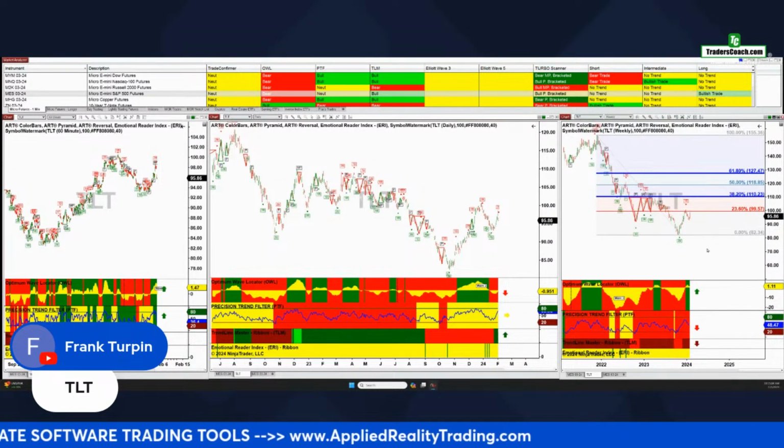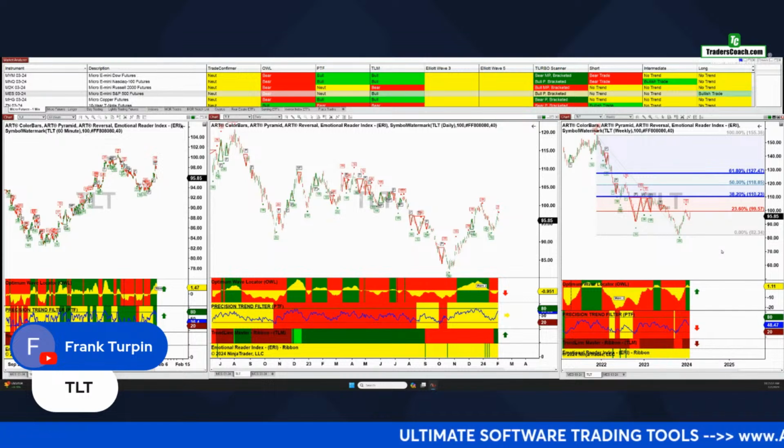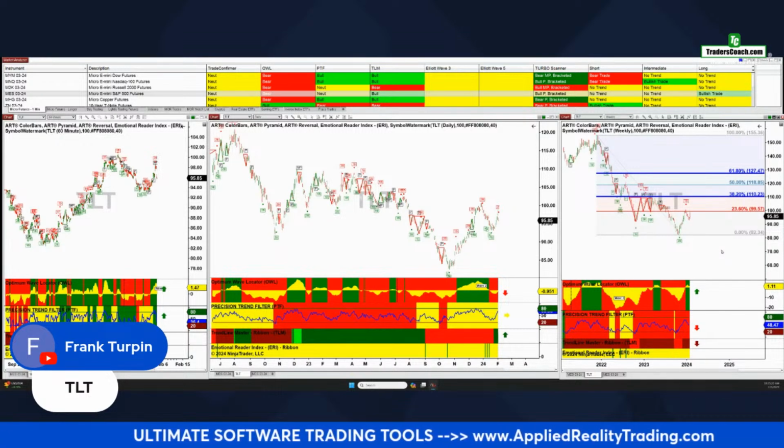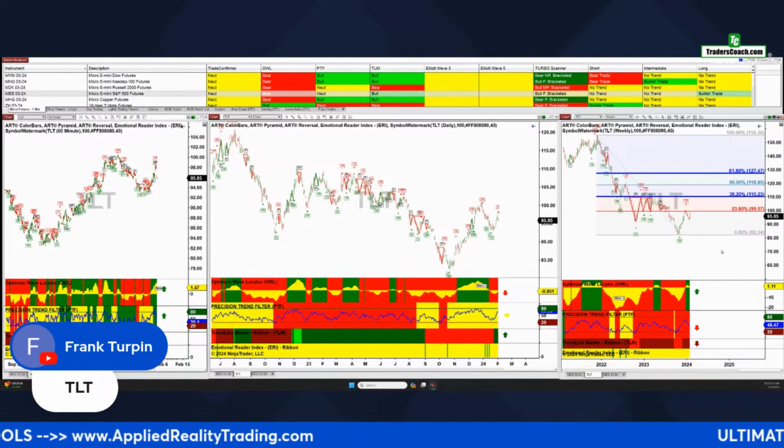But for right now, the only trade could have been to this target zone to the long side, and that's it. So that's TLT. I don't think, Frank, that TLT is changing long-term yet. Again, if that indicator changes, then I'll change my tune as well.